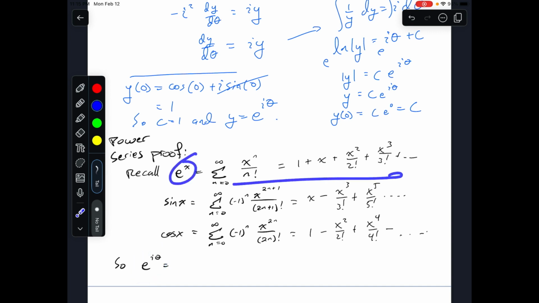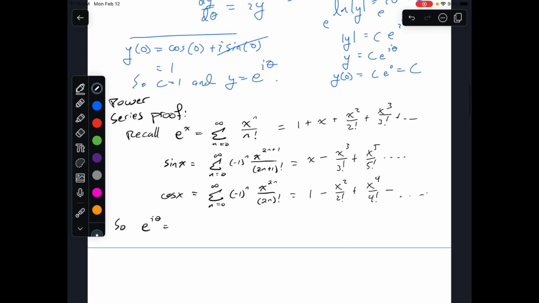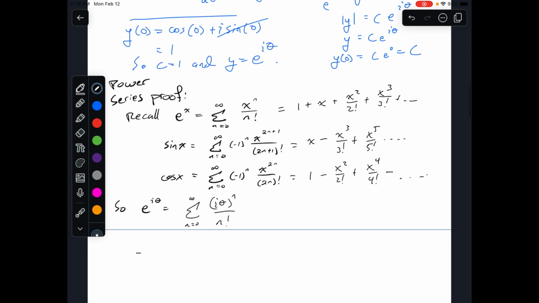So e to the x is equal to this. So e to the i theta would just be, well, you can just replace x with i times theta. So we get the sum of i theta to the n over n factorial. And so if you were to write out these terms in the same way we did over here, I'm going to write out a couple of them, quite a few actually.